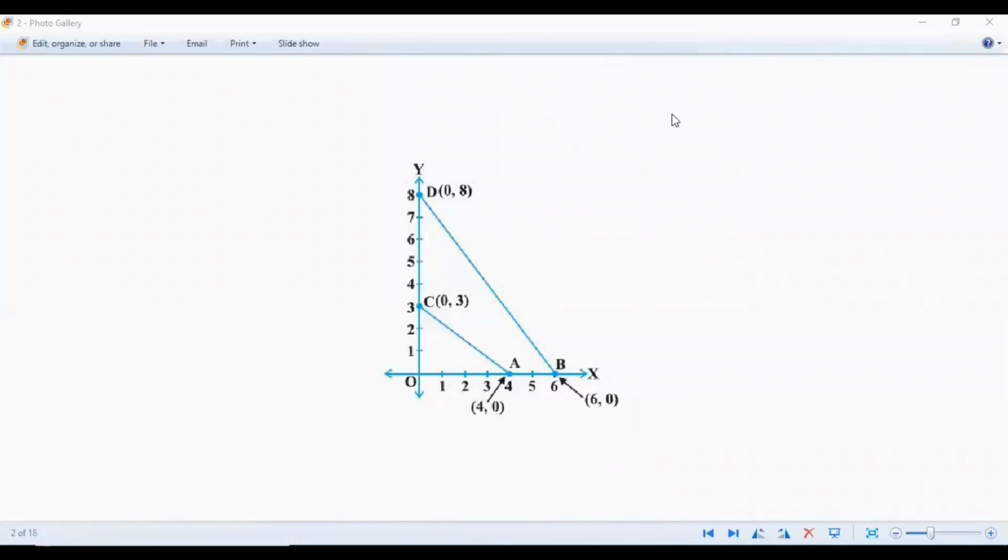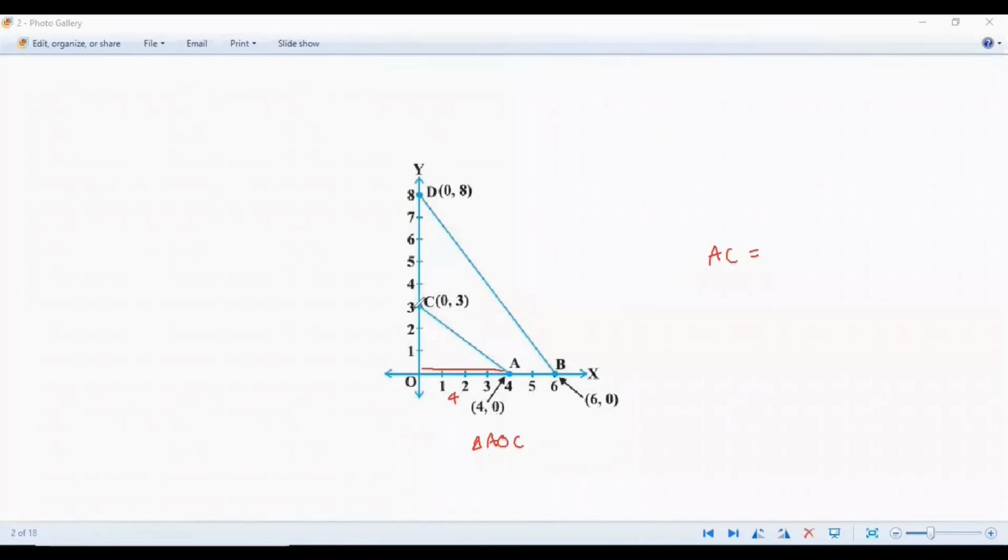So look here. First we can discuss about the length of AC. Here AC is the hypotenuse of a triangle ACO. Triangle AOC is a right triangle, and AC is the hypotenuse. So what is the length of AO? 4.